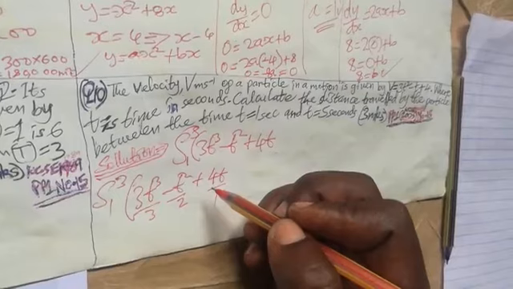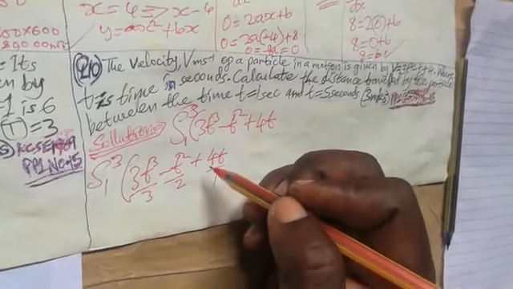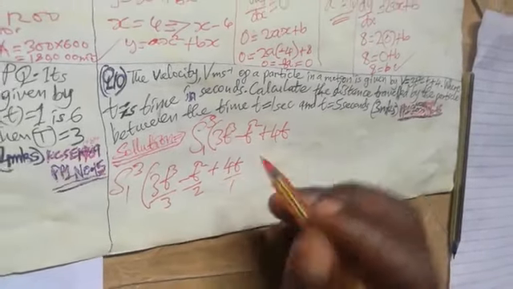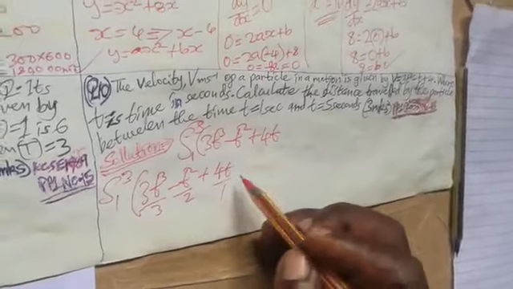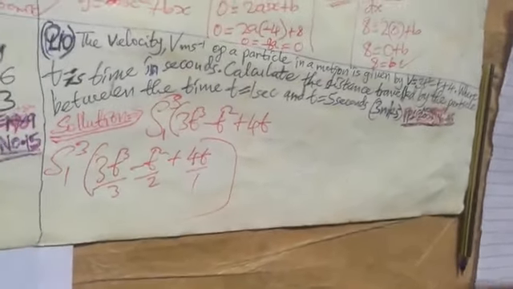Now, we are going to look at the difference from time t equals 1 to time t equals 5.